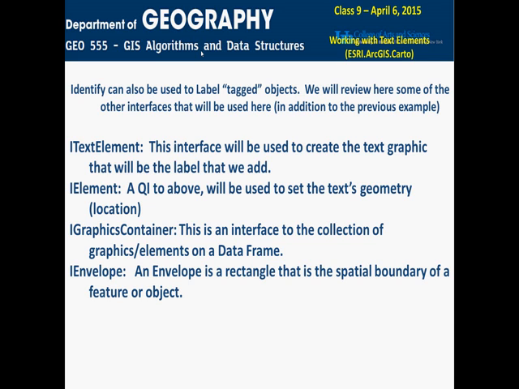We're going to work with elements, and specifically IText element, to create a graphic with the county name when the user clicks. We also talked about the IGraphicsContainer being a list of graphics, or elements, on a data frame last week. And we talked about an envelope being a rectangle that's the smallest spatial boundary of a feature or object.